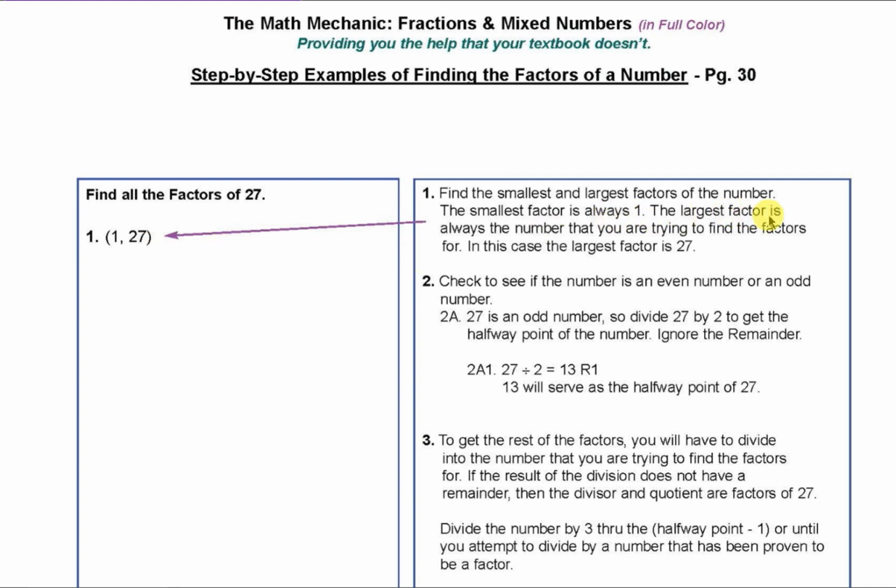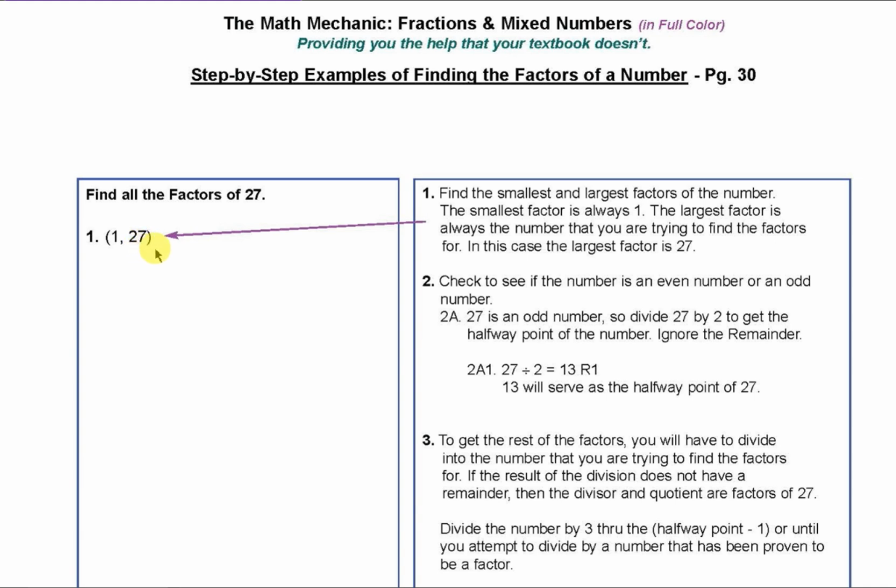The largest factor is always the number that you are trying to find the factors for. In this case, the largest factor is 27.